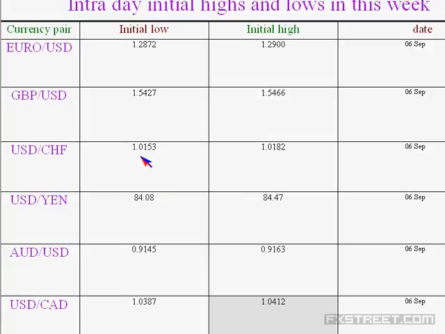USD formed the low 1.0142 and has not breached further down. Australian dollar high has been breached and it is holding above the initial high. Canadian dollar has breached the low and is holding below the low.